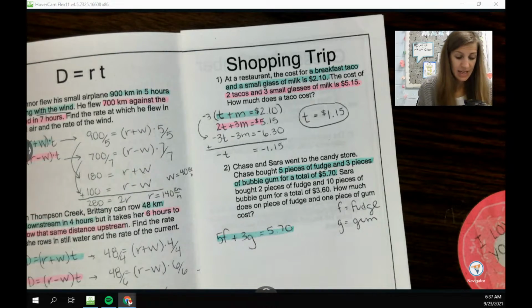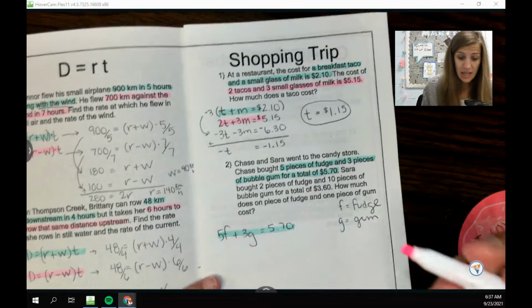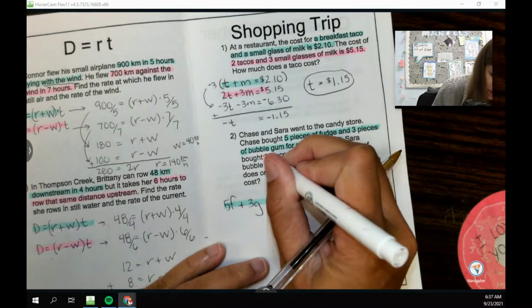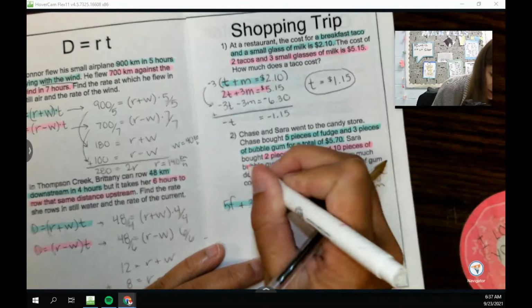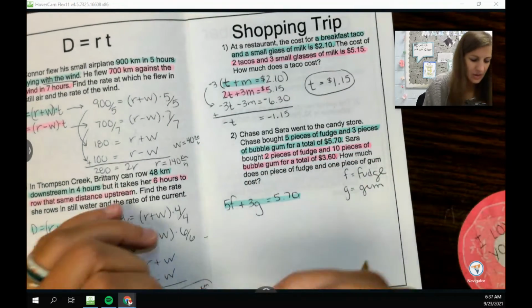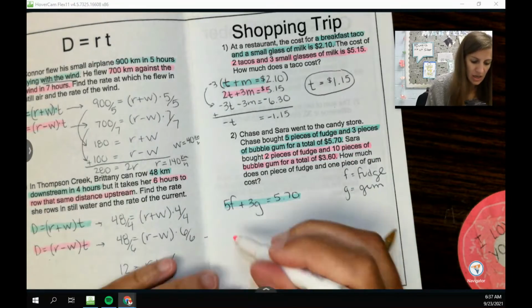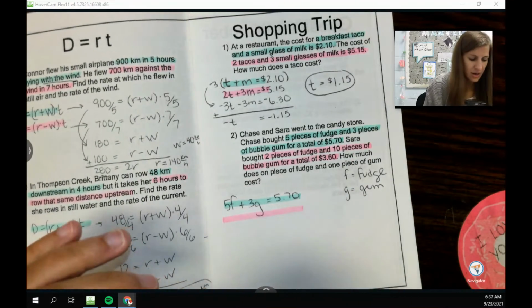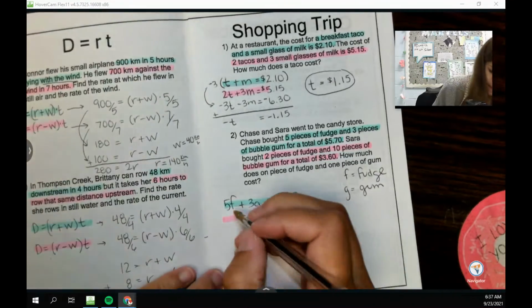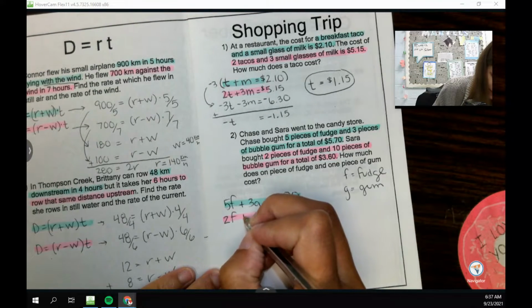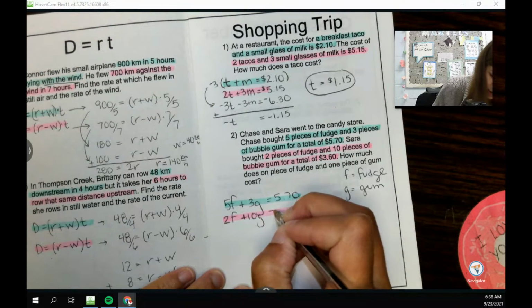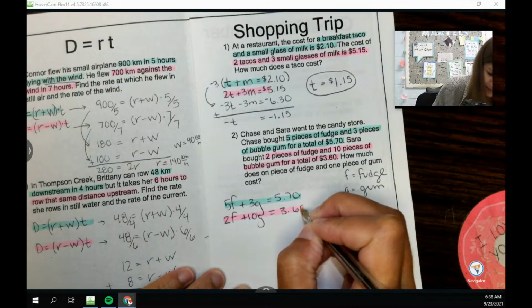And then Sarah, on the other hand, was doing 2 F's and 10 G's for $3.60. So she bought a different amount of the things, 2 F and 10 G's for $3.60.